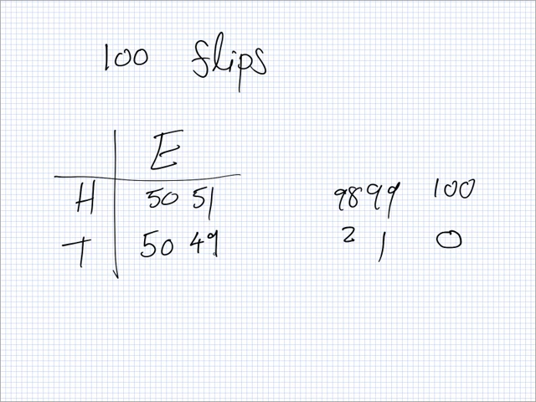So we all understand there must be some point that we cross, and when we cross that point, we start to get suspicious. We're happy with numbers like 51, 52, but not 98, 99. So the question is, where do I draw that line? And that's what we use the chi-squared for.